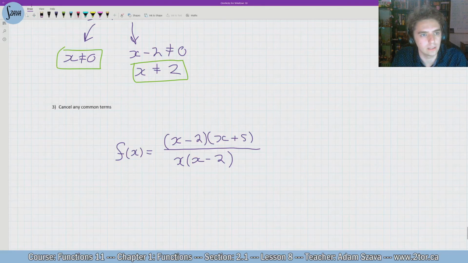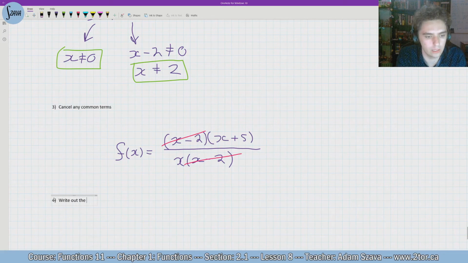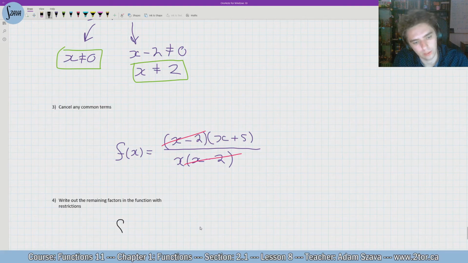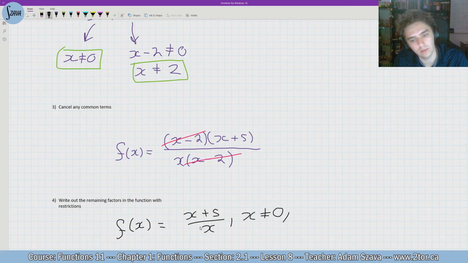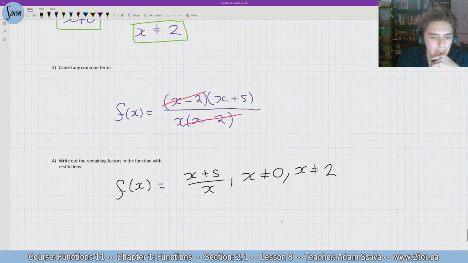We can cancel x minus 2 with x minus 2, and we're left with step number 4, which is just write out the remaining factors in the function, with the restrictions that we put on, which is going to be f of x equals x plus 5 over x, but x cannot equal 0 and x cannot equal 2. Those are our restrictions there. And so there we have it.